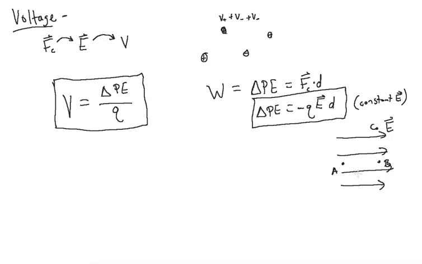Okay, so if I take a positive charge and I move it from A to B, is that an increase or decrease in potential energy? Well, think back to gravitational potential energy. Let's say this is the ground here, and we have an object. If we take that object and move it up, in the opposite direction that it wants to go, that's an increase in potential energy.